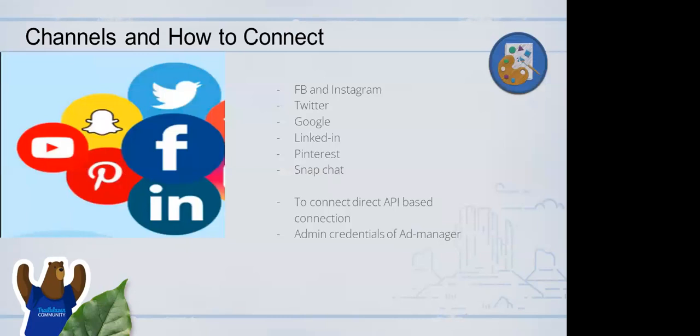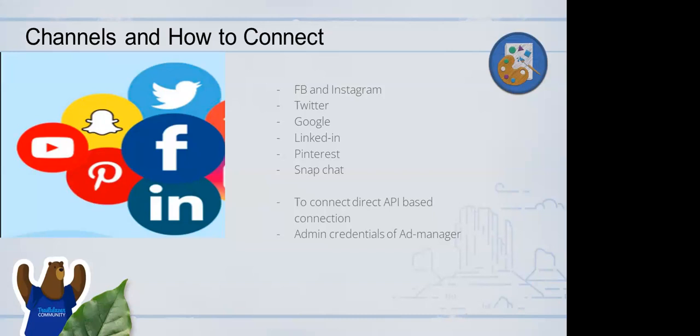Which are the channels that we can connect? We can connect Facebook, Instagram, Twitter, Google, LinkedIn, Pinterest, and Snapchat for showing ads. One question we typically get is that on the admin side of Ad Studio, you normally see a logo only for Facebook, and people ask how Instagram is then connected.